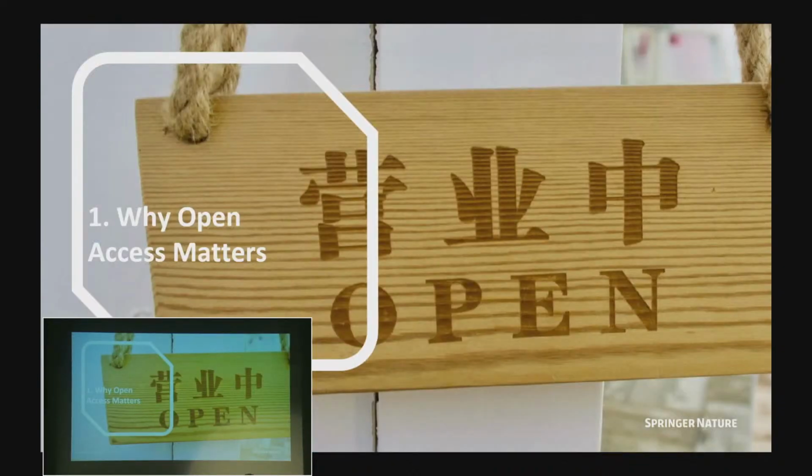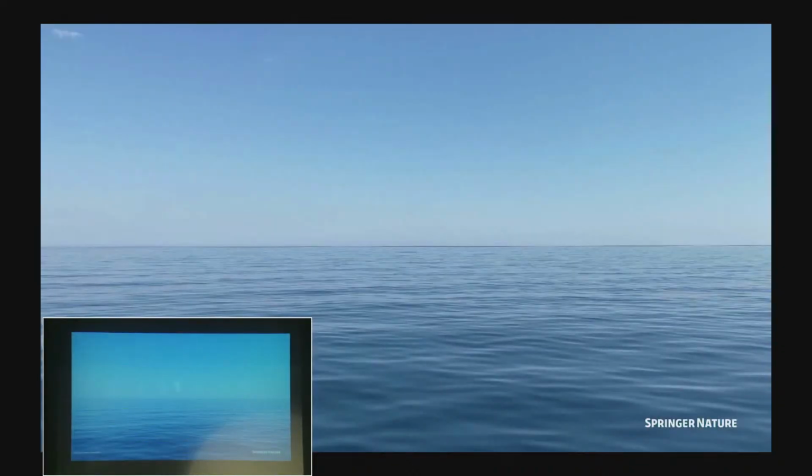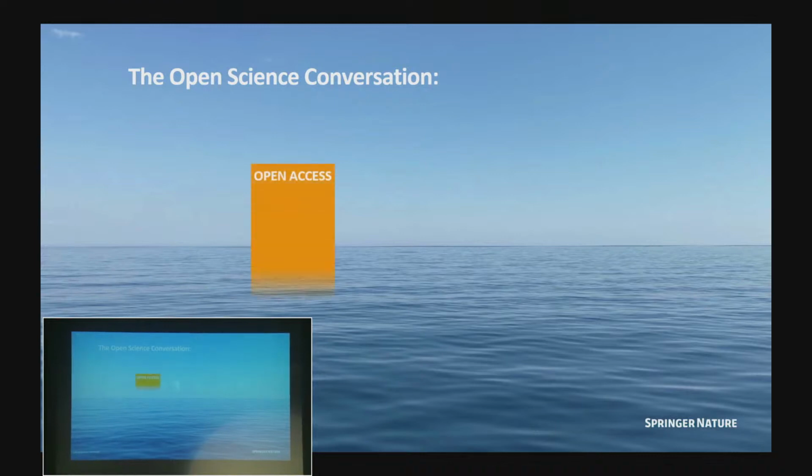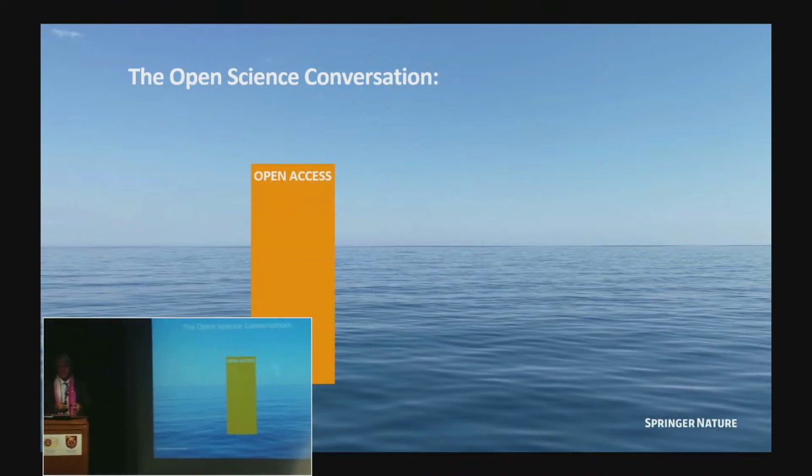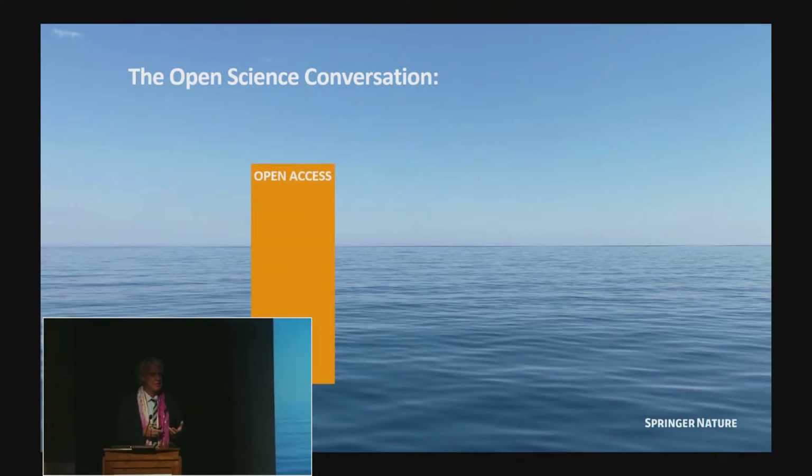Why does open matter? When I look at open access, I look at a matrix and I look at an open horizon, if you want, because it's the way we travel around. We have one thing which is called open access, which is the open access to information.